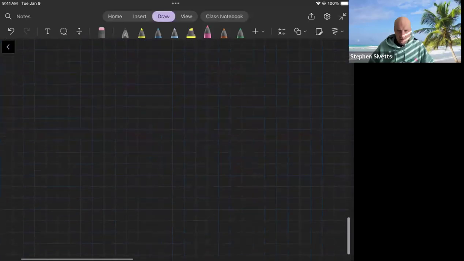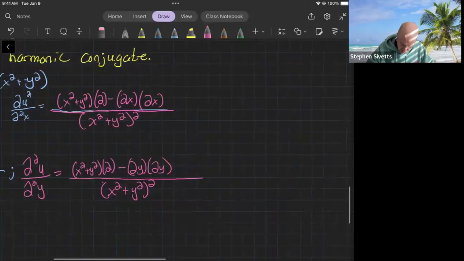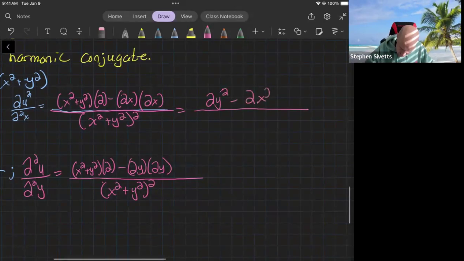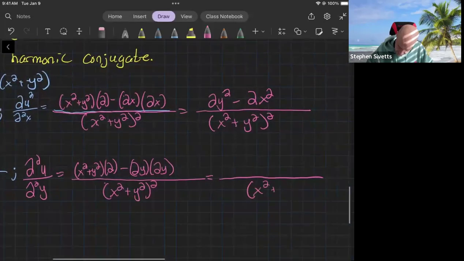And so the second partial of u with respect to x would equal 2y squared minus 2x squared divided by x squared plus y squared, squared. They'll have the same common denominator. That's a good thing.